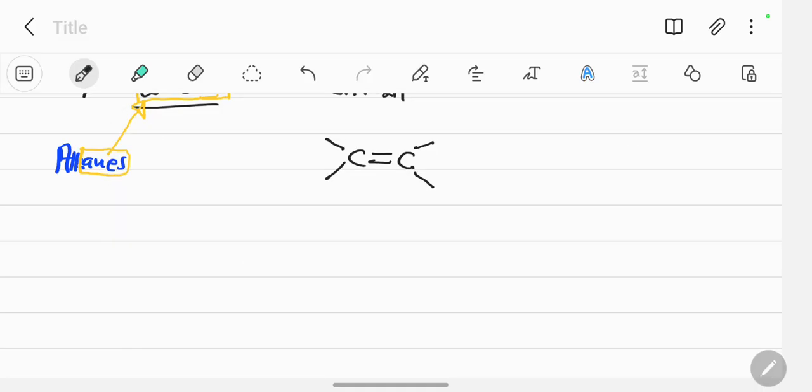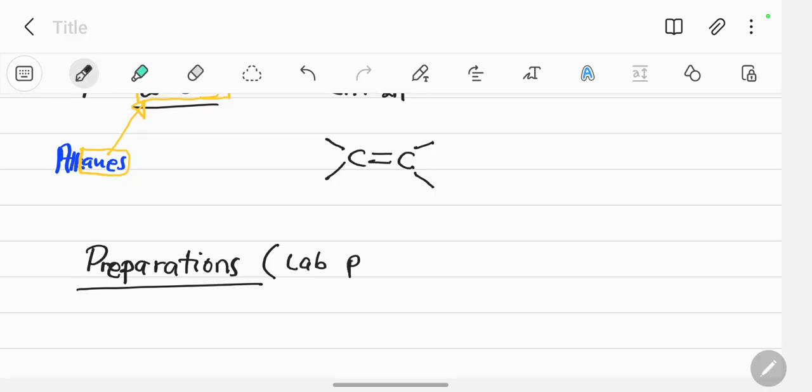and under our preparations, call it the lab prep or lab preparation.